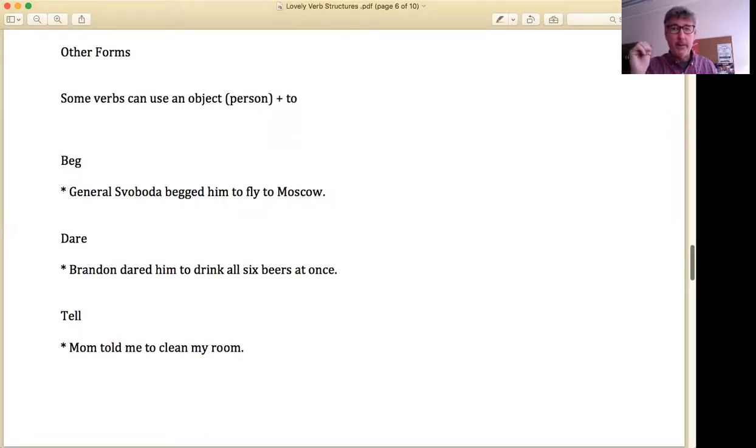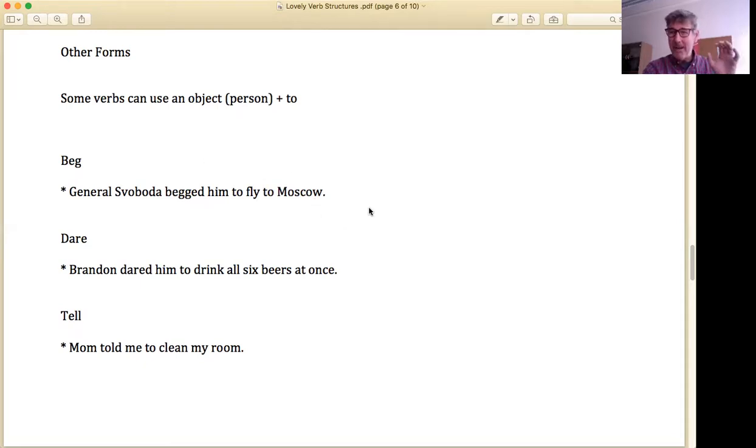And so what I usually do is try to get people to understand that you want to learn the whole structure on these. So for example, beg. It's not just beg plus infinitive or beg plus gerund.